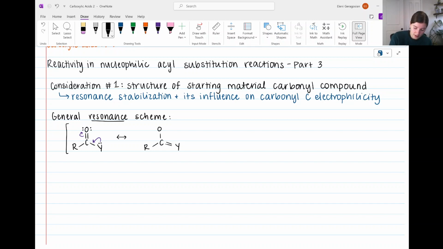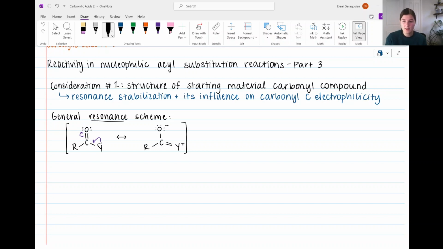The Y group lost ownership of electrons, so that became positive, and the oxygen gained ownership of electrons, so the oxygen becomes negative. So these are two important resonance structures, the most stable resonance structures for these general acyl group molecules, because all atoms are still closed shell.